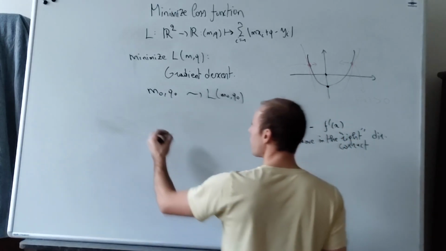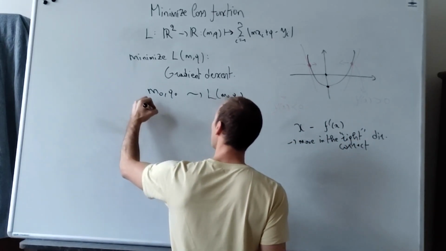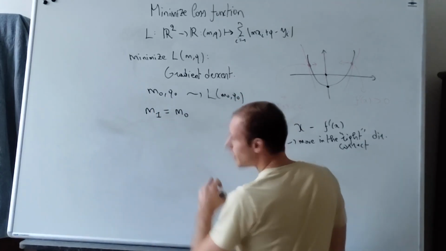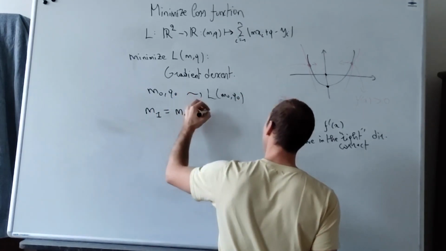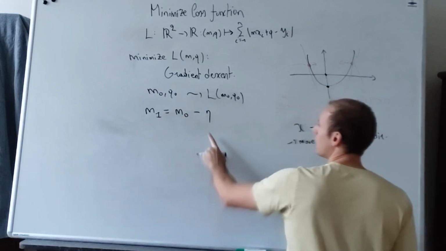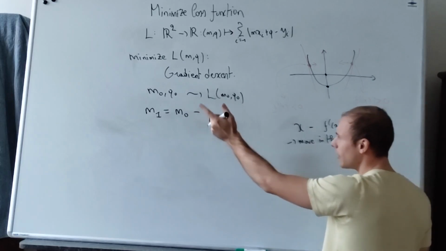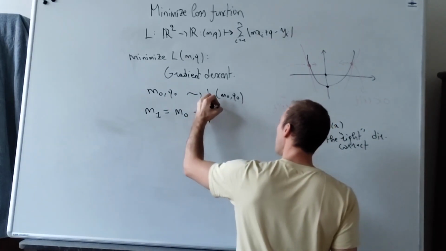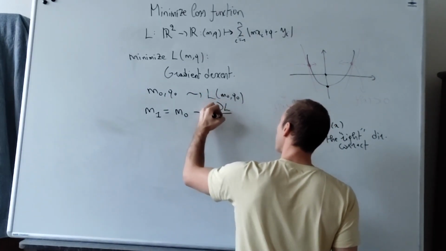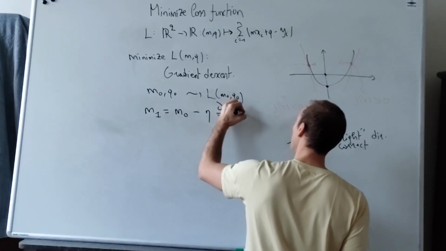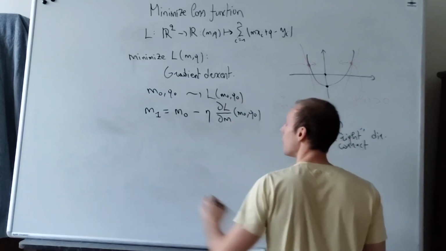And how are we going to do this? Well, very easy. We make m1 equal to the old one minus the coefficient eta, which I will explain in a bit, times the partial derivative of this function L in the m direction, evaluated at the point m0, q0.